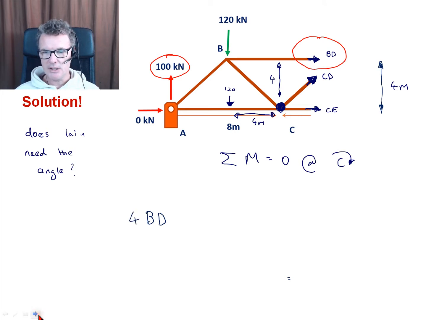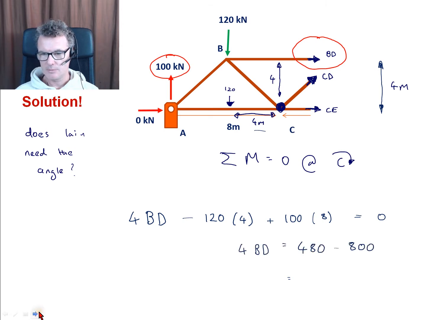So we have BD times 4, take away 120 times 4, plus 100 times 8. So I'll rearrange them. So we've got 480, take away 800, and we want to divide that by 4.